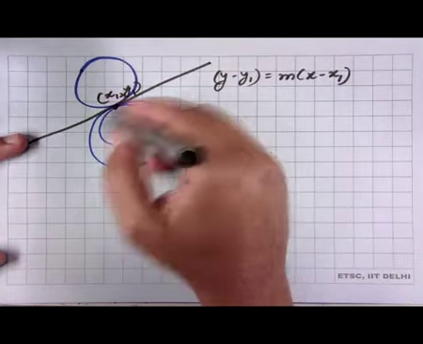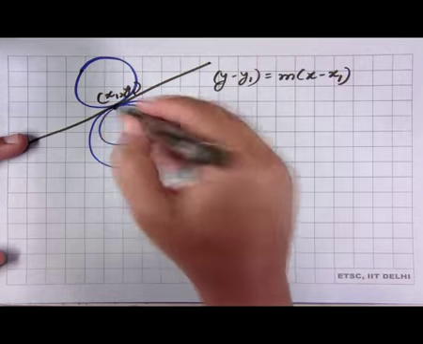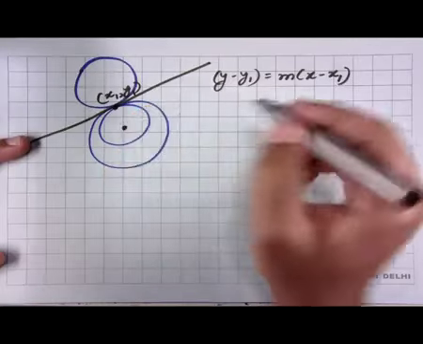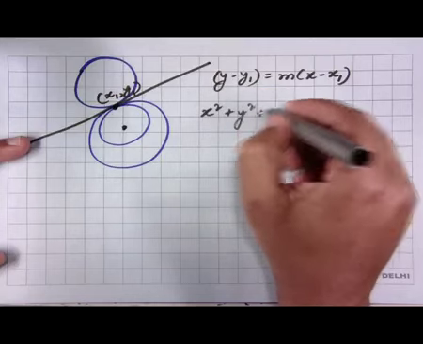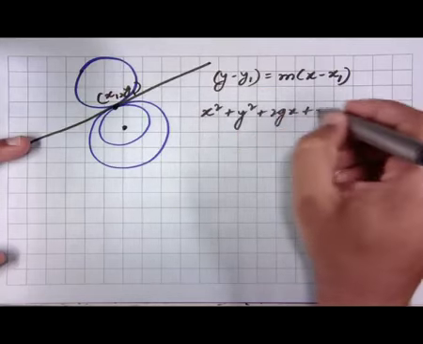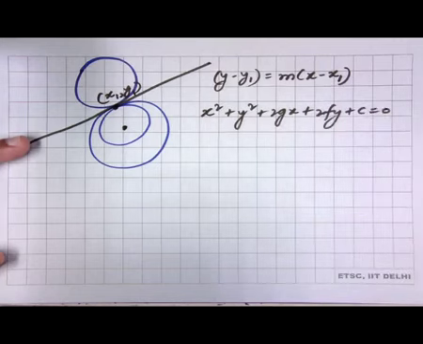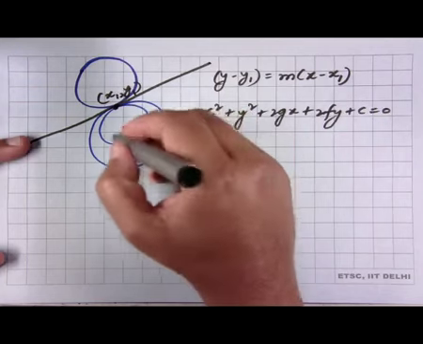So, for any such circle which touches this straight line at x1, y1, let us say that the general equation of such a circle is x square plus y square plus 2gx plus 2fy plus c equals 0, and the center is minus g, minus f.